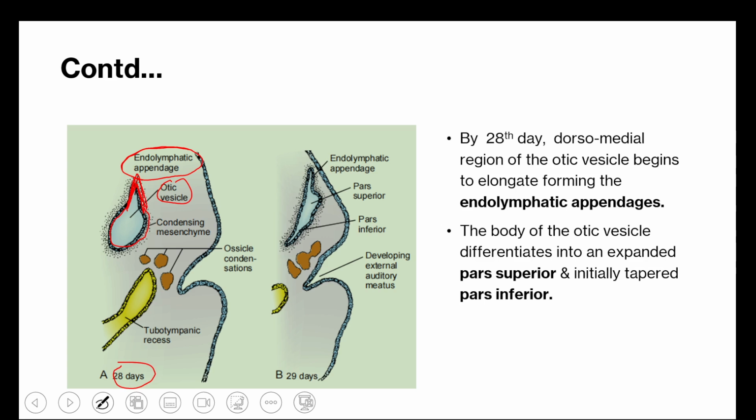You can also see the body, which will form the pars superior, a slightly expanded region, and the slightly tapered end, which is the pars inferior. So these things are being differentiated from this otic vesicle, which initially formed from the thickening of the surface ectoderm just adjacent to the rhombencephalon.